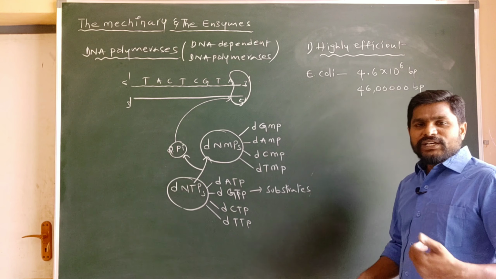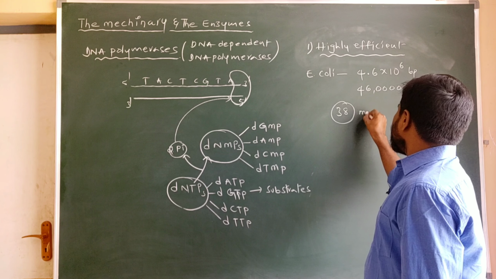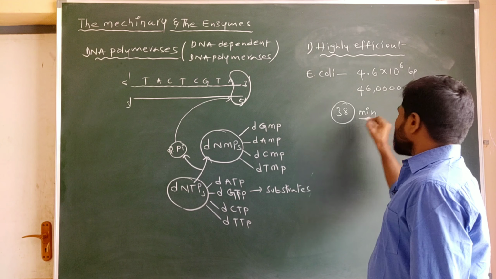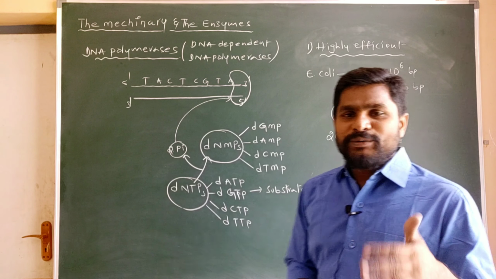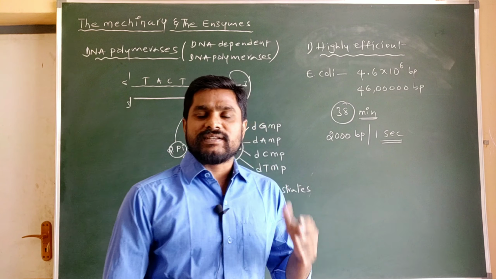In order to synthesize this much length of DNA in E. coli cell, the DNA polymerase takes only 38 minutes. That is, a polymerase can synthesize approximately 2000 base pairs per 1 second. This much faster the DNA polymerases polymerize nucleotides in order to synthesize new strands of DNA molecules.